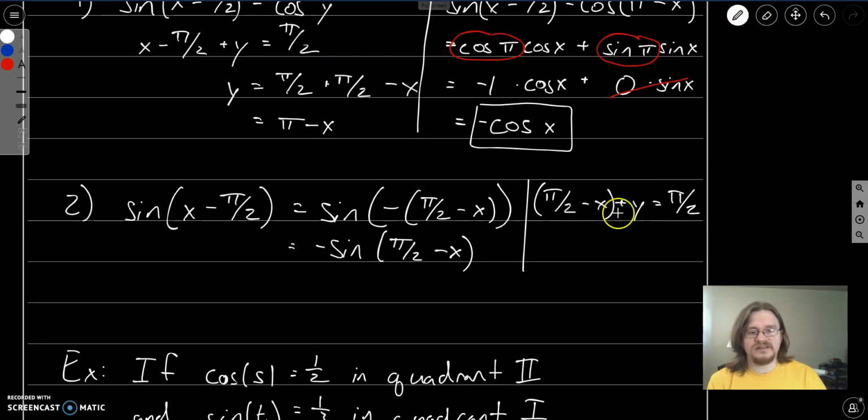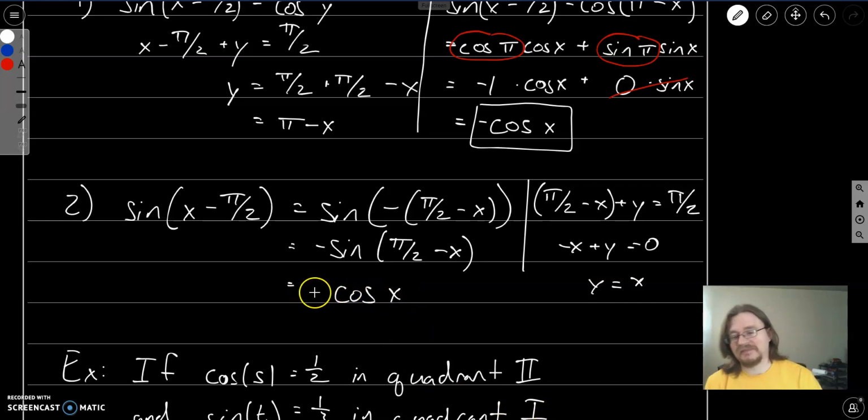Well, we see that y and x just have to be the same. If I subtract pi halves from both sides, I get minus x plus y is equal to 0, or y is just equal to x. So y, the complement of this angle, is just x. So using our cofunction identity, sine of this angle is cosine of x. But I can't forget the negative sign.